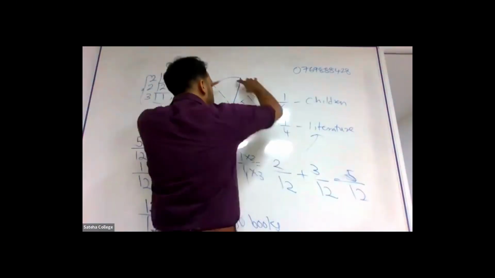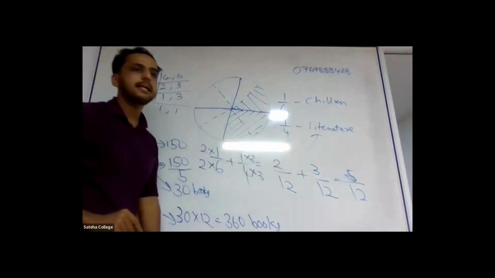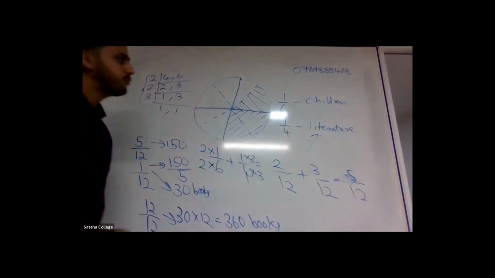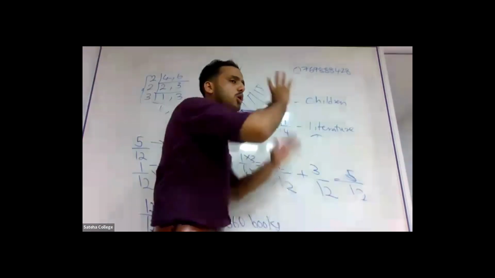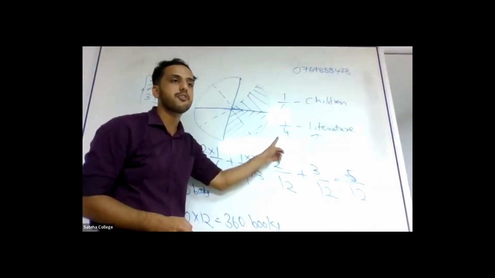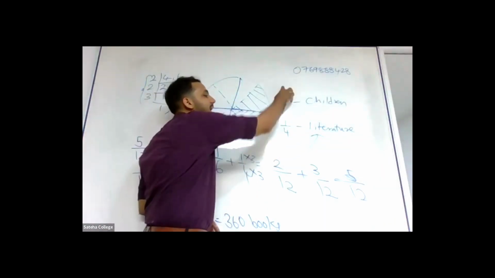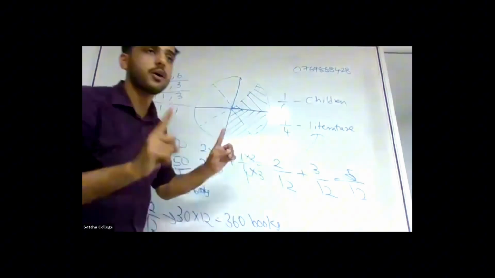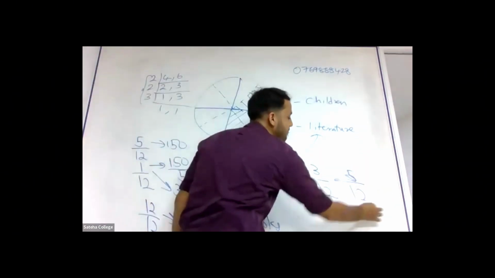Likewise, if you divide the total number of books into 4 parts, again, one part is literature. Both the fractions are from the total number of books. That means you can directly add them because they are both from the total number. So you are going to add, you got 5 over 12.